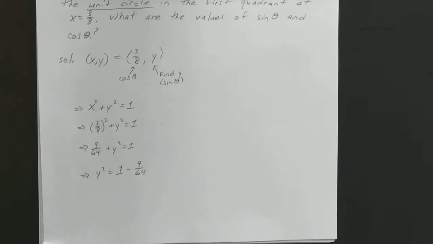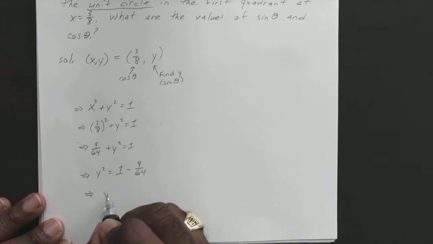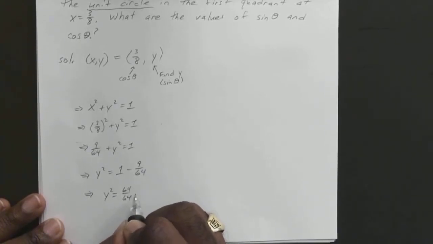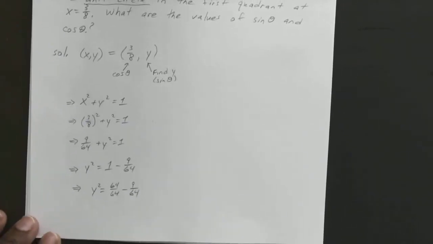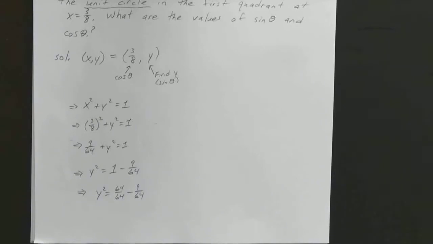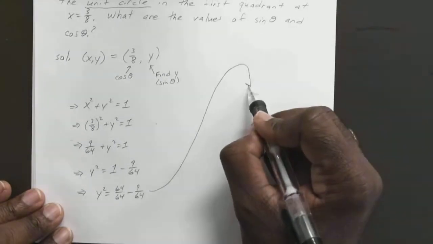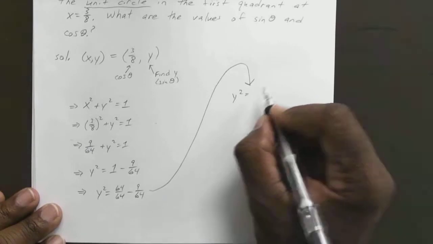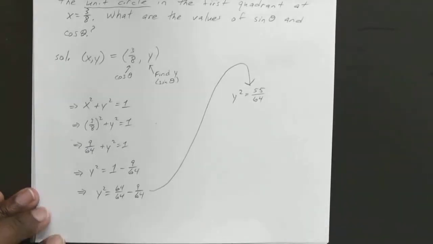So that 1, since we need a common denominator, we make that y squared equals 64 over 64 minus 9 over 64. I'll move that up a little bit. Okay, so we can just go ahead and continue that up here. So that means that y squared is equal to 55 over 64.